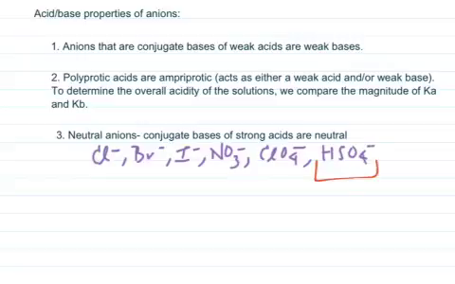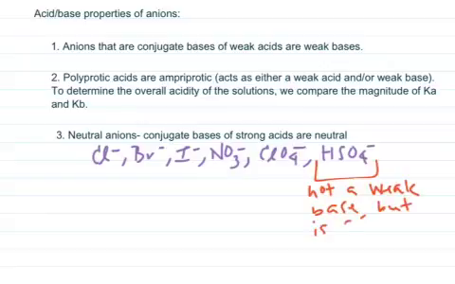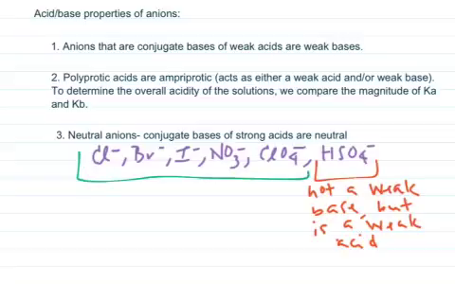Now, warning, HSO4 minus is not a weak base, but is a weak acid. So the problem I did showing you the difference with Ka and Kb, this is why. So HSO4 minus has to be a weak base, not acid. So only 5 (chlorine, bromine, iodine, nitrate, and perchlorate) are going to be neutral.